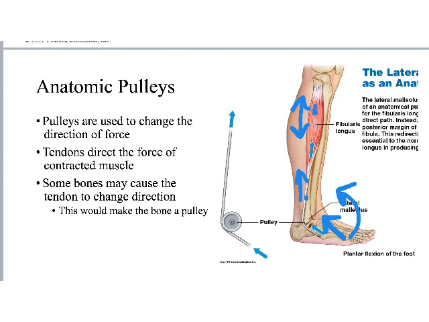So the way that the body gets around that anatomically is to make a pulley out of the tendon. In this case, the lateral malleolus, which is a part of the fibula, you guys have learned this already, acts as the pulley.